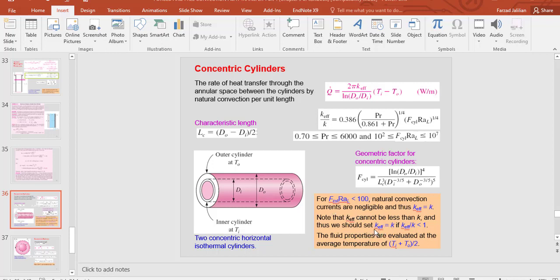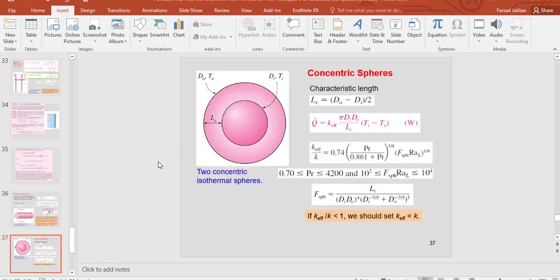So when in our calculation K effective divided by K is less than 1, we should ignore that and we should only put K in our equation, which finally will be equal to the conduction heat transfer actually. So for the concentric cylinders, you can use this equation to find the rate of heat transfer by natural convection.